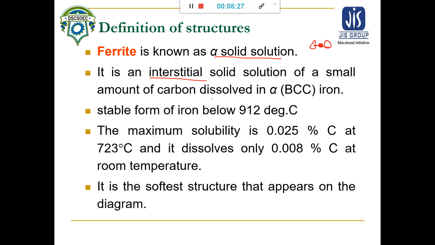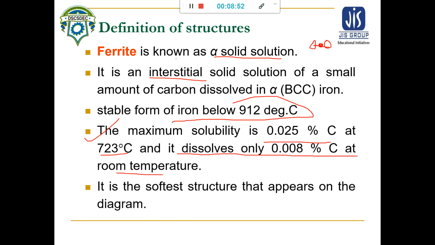It is the stable form of iron below 912 degrees Celsius, and the maximum solubility is 0.025% of carbon at 723 degrees Celsius, and it dissolves only 0.008% of carbon at room temperature.